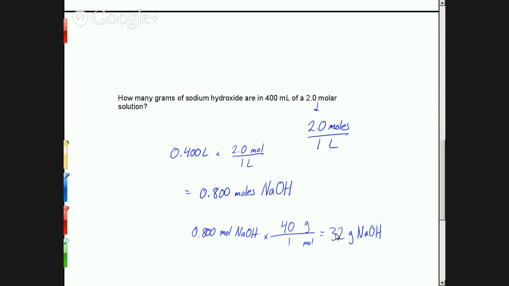All right, let's go back and do some really old stuff. Who can give me an example of a pure substance that is a compound? Sodium chloride.